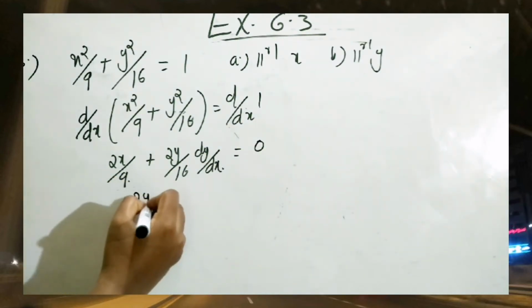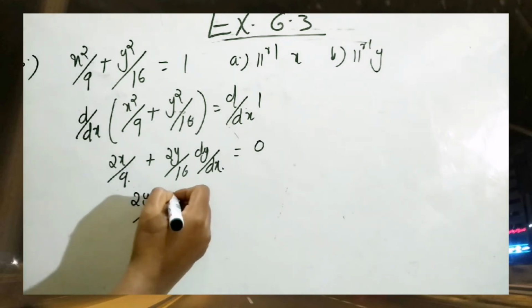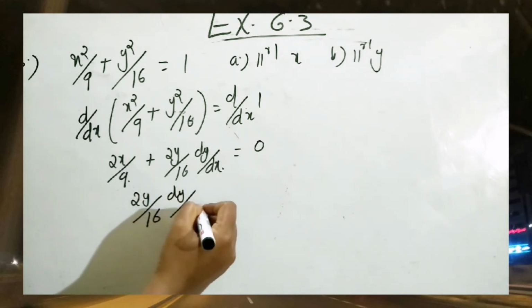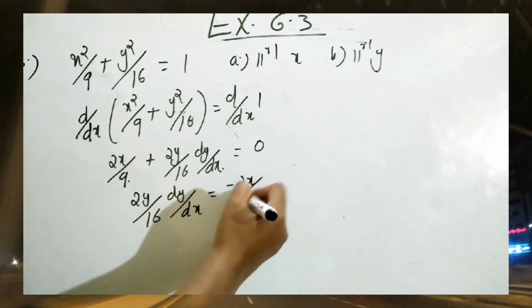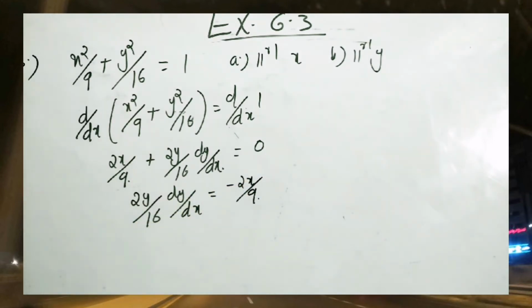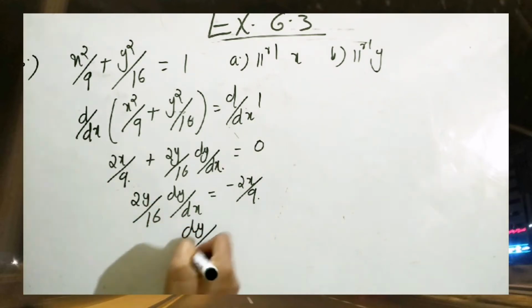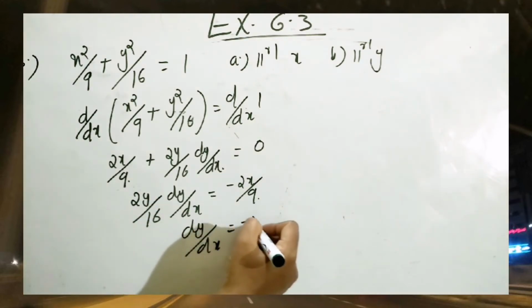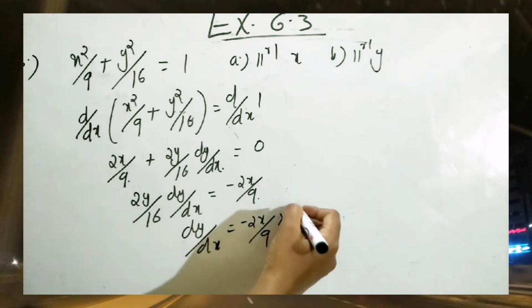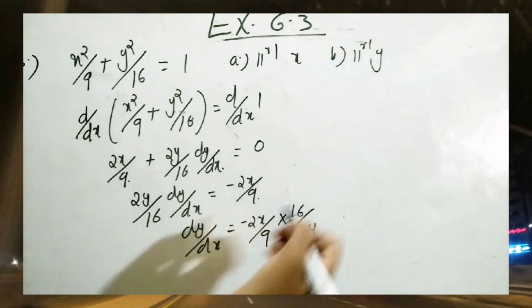The derivative of 1 is 0, that is constant. So we will get 2y by 16 into dy by dx is equal to minus 2x by 9. That is dy by dx is equal to minus 2x by 9 into 16 by 2y.